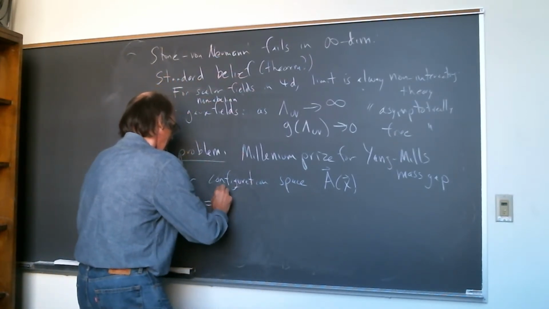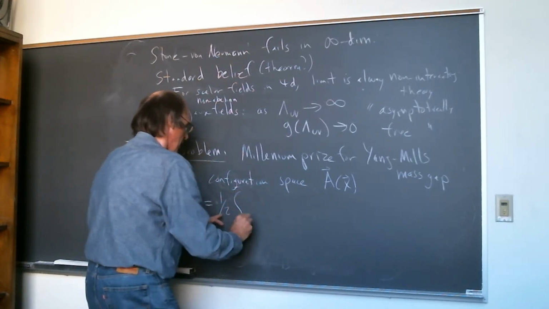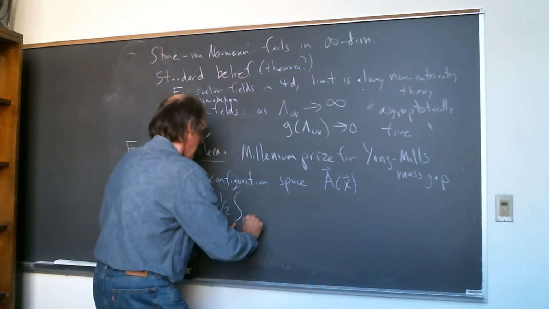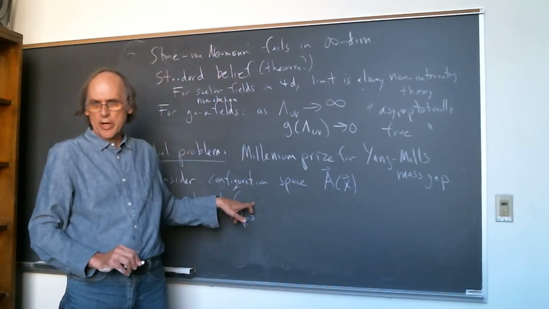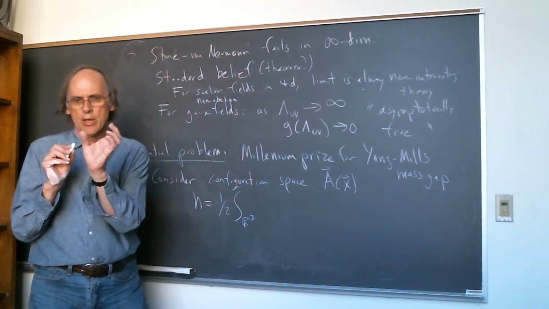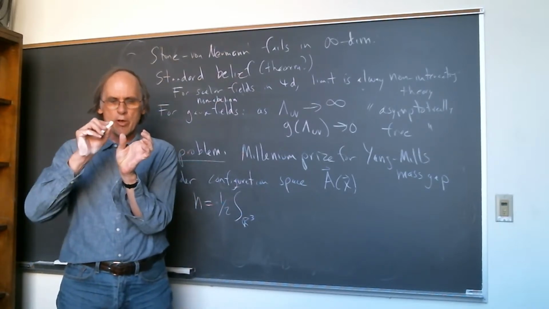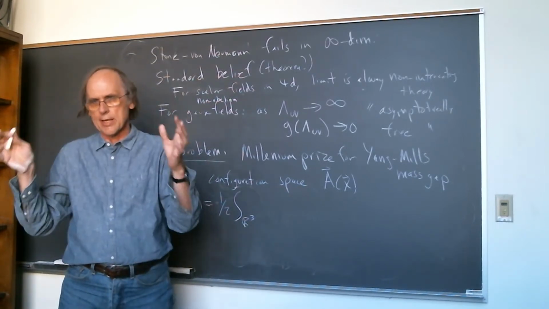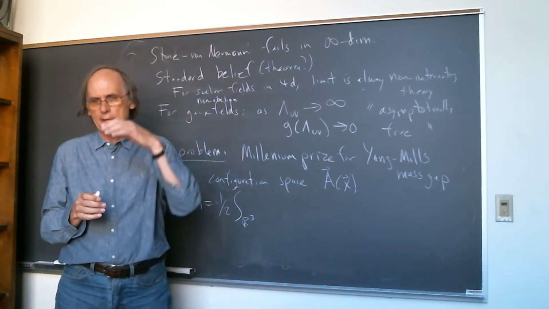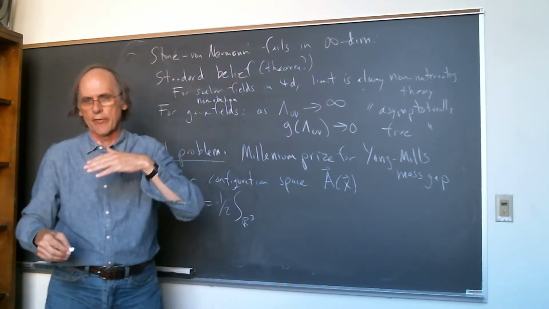a half the integral over R3, and now you had an E squared term. But remember, if you realize your states as functions on configuration space, then the momentum just becomes the derivative on configuration space.